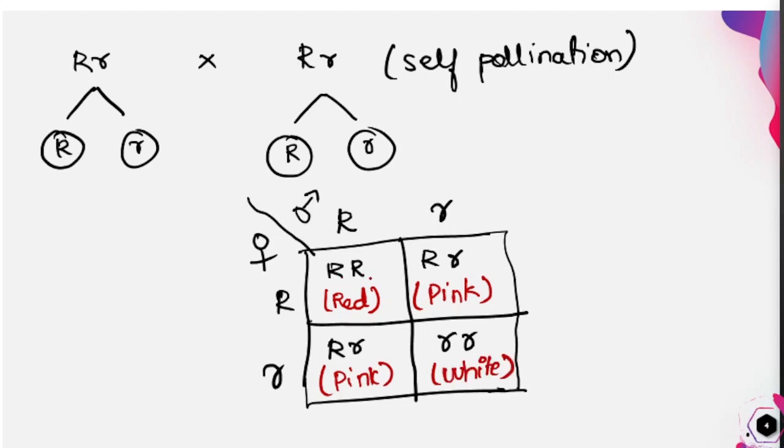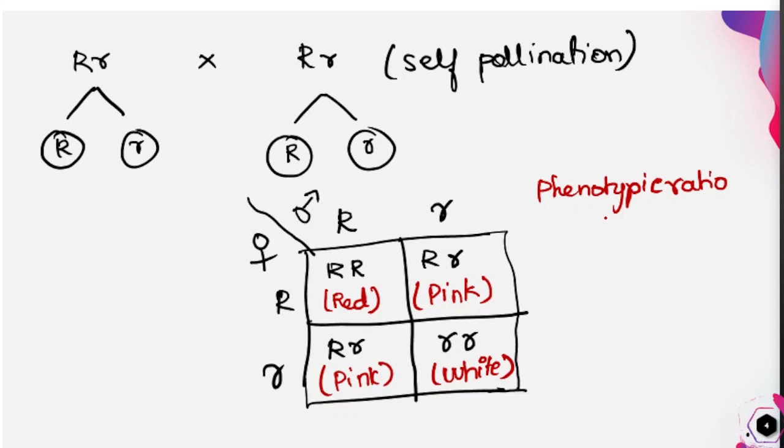So see, similarly to the monohybrid cross, you have two types of ratio. What are the two types of ratios you have? One is the phenotypic ratio, so I'm going to write it here. And you also have the genotypic ratio.